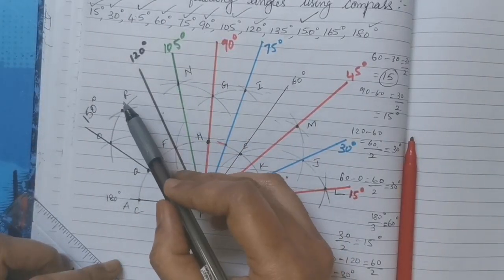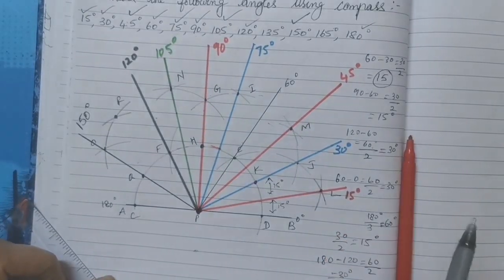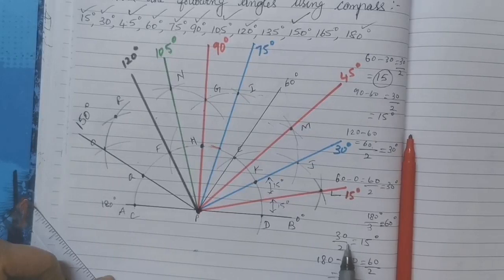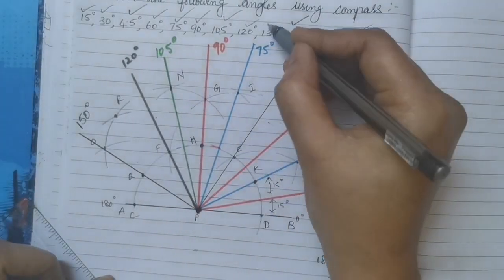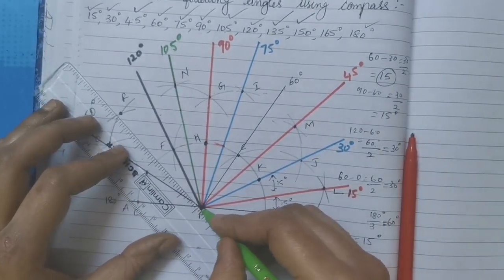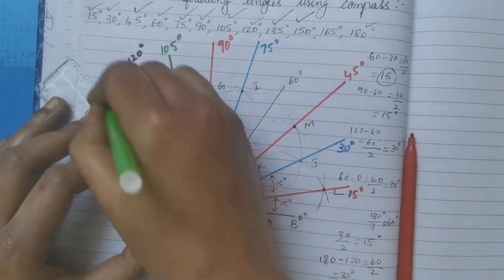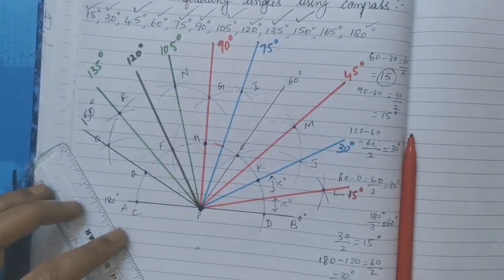When we bisect it, each part formed will be 15 because when we divide 30 degree by 2, each part formed will be 15 degree. So 120 plus 15 degree will give us 135 degree. So I join the point P and the point R. So this is 135 degree.